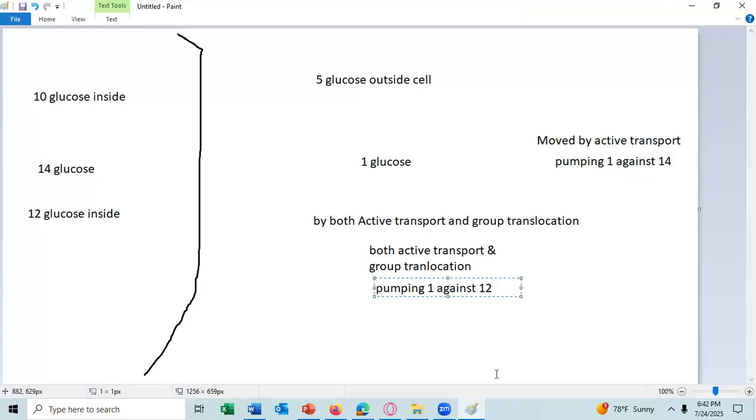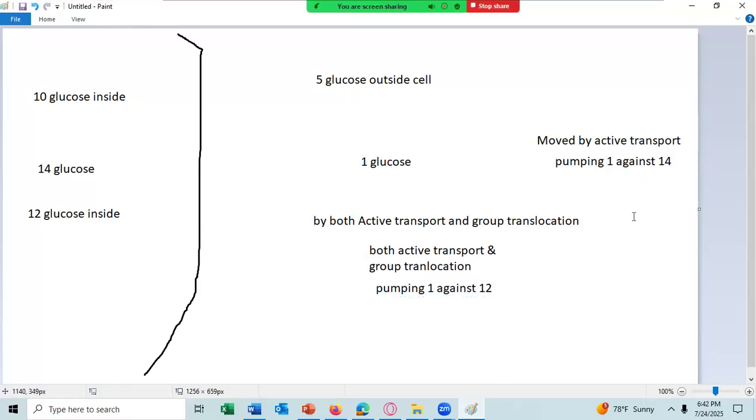Now 1 against 12 is still pretty high, but it's less steep than 1 against 14. And so if you use both active transport and group translocation, it's easier to move the molecule inside the cell because the concentration gradient is not as steep. Any question about any of that?